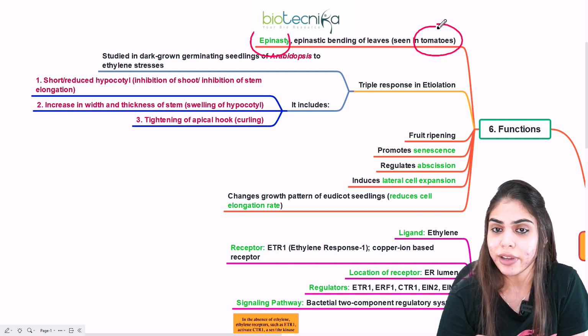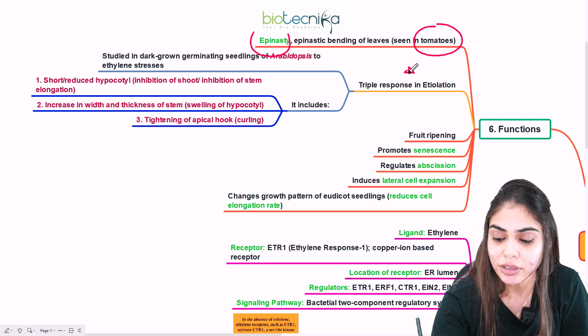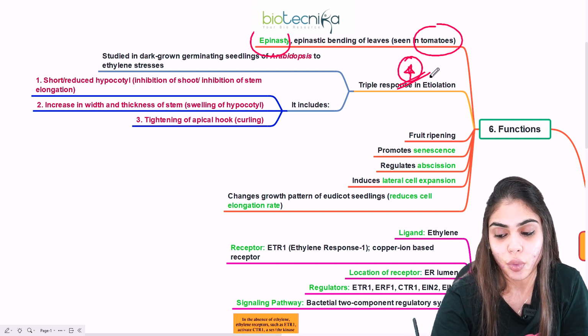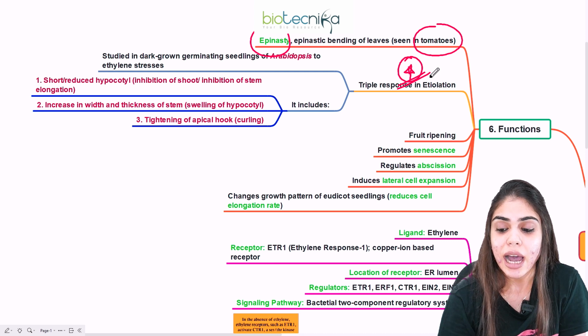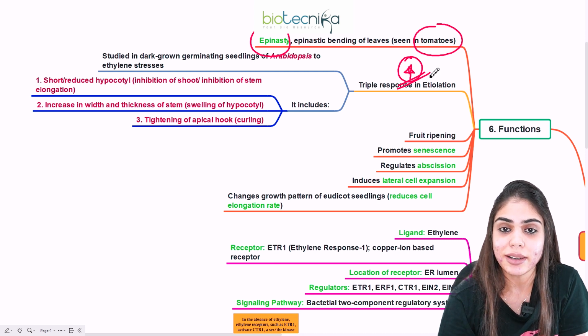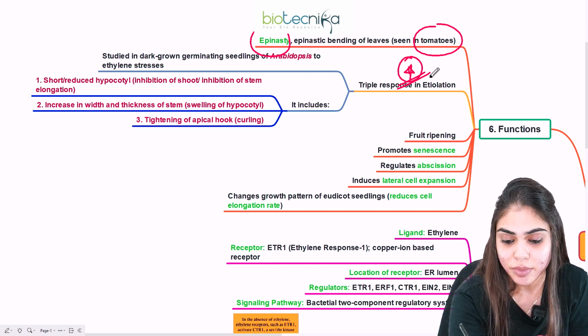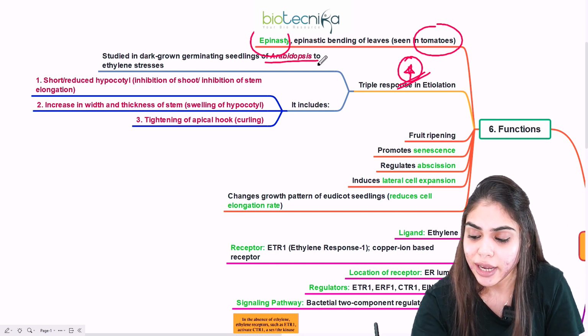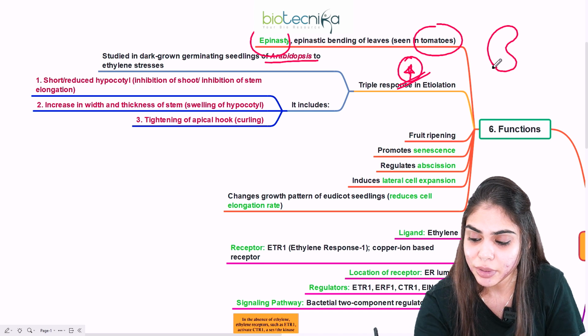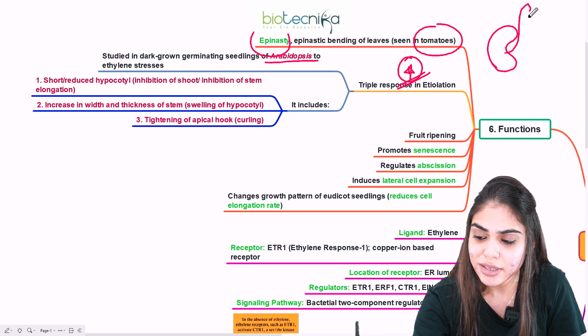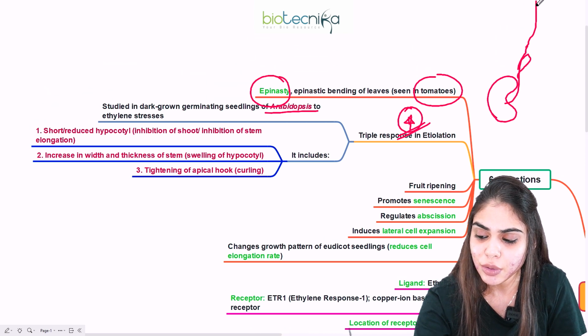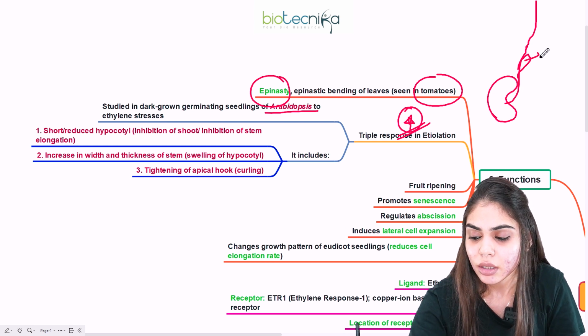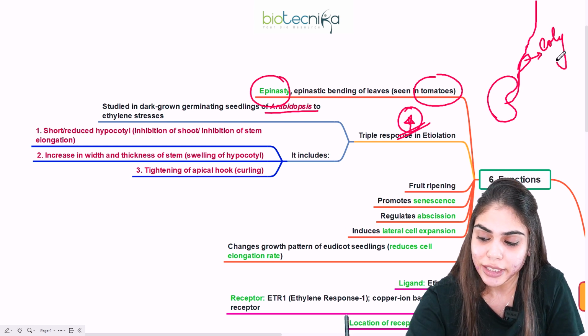This is one of the very important functions of ethylene, for which ethylene is known. Triple response: it was first recognized in the plant Arabidopsis. Now what happens in the triple response? You all know that the seed which undergoes germination, and from this the very first leaf that is produced in the plant is the cotyledon.